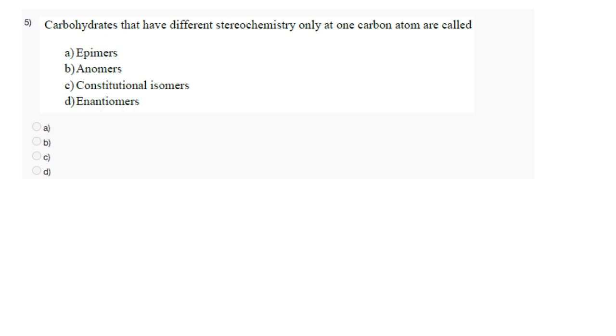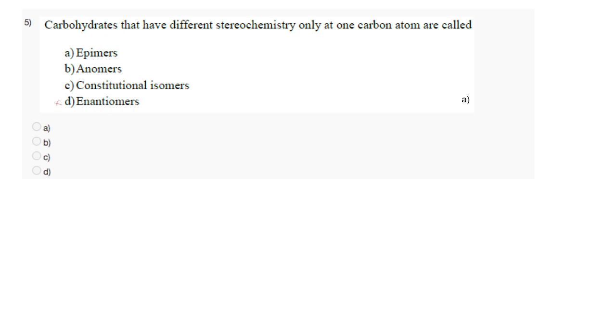Option B, anomers. Option D, enantiomers? No, enantiomers are non-superimposable mirror images. However, these carbohydrates do not have a mirror image relationship. So option A is correct.